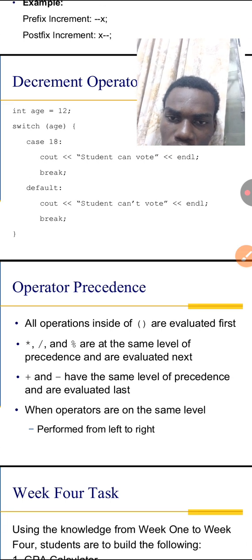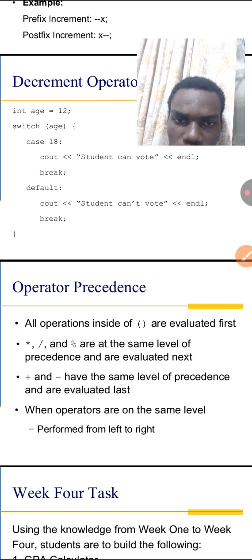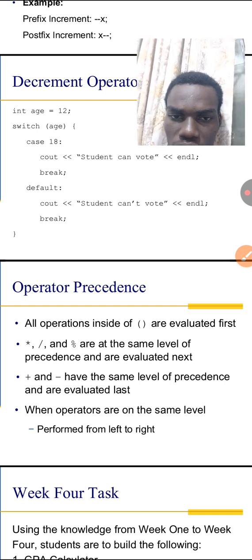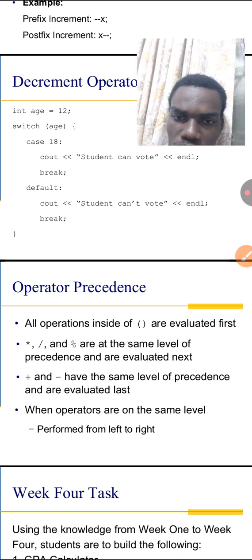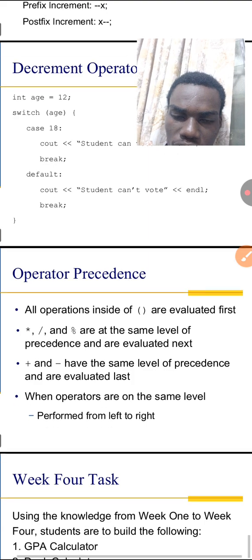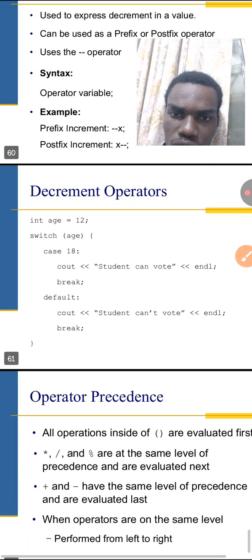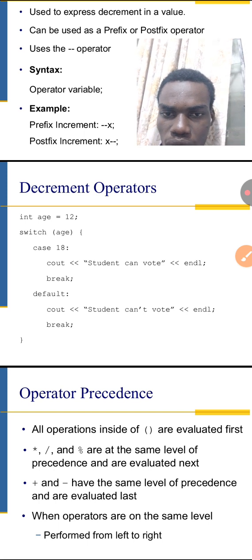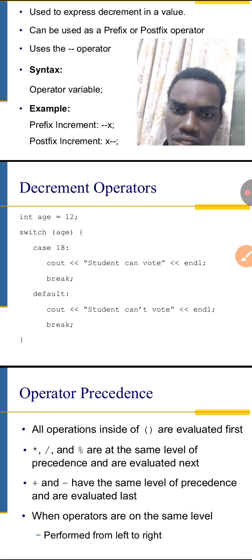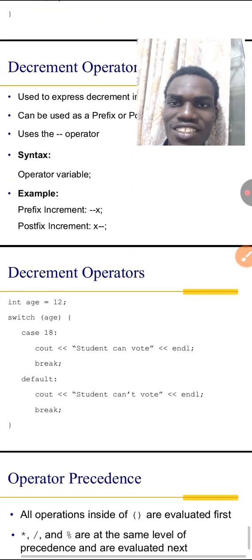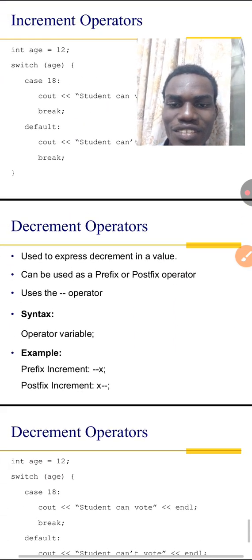Plus and minus have the same level of precedence and are evaluated last. When operators are on the same level, they are performed from left to right. So you should know about precedence.